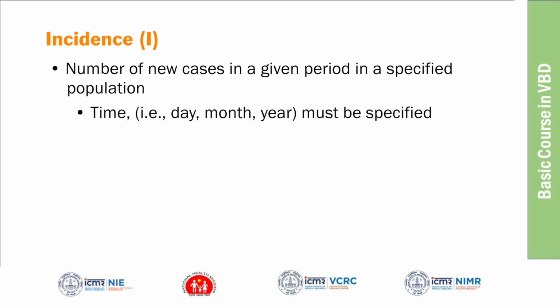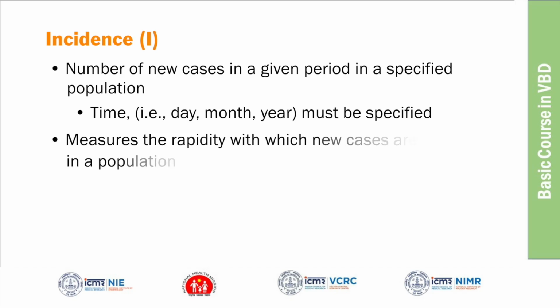Whenever you talk about incidence, you must tell incidence for what period of time. Whether we are talking about 5-year incidence of hypertension or 2-year incidence of, let's say, diabetes, or 6-month survival of a cancer patient, etc. So incidence or any measure of risk tries to talk about how rapidly new cases are developing.